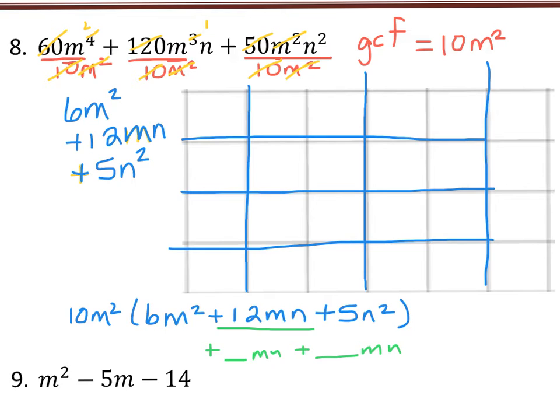And so in our first box, we put 6m squared. And in our last box, we put 5n squared with the sign.